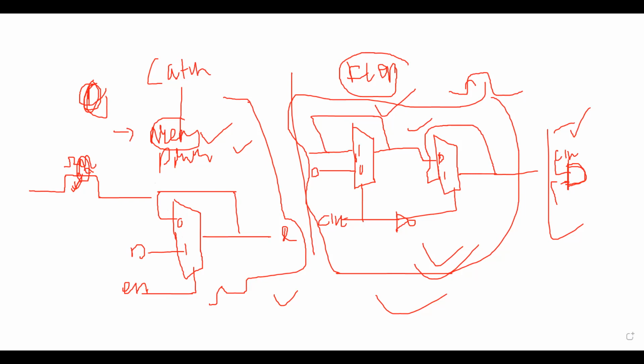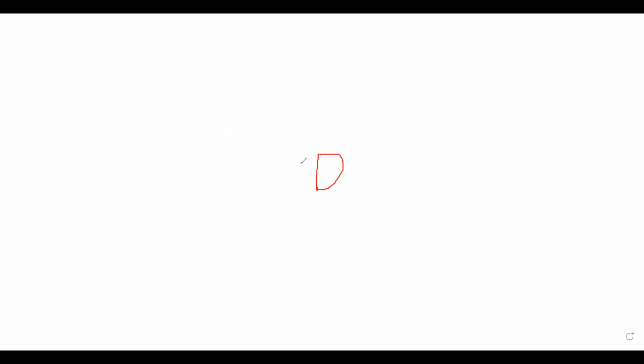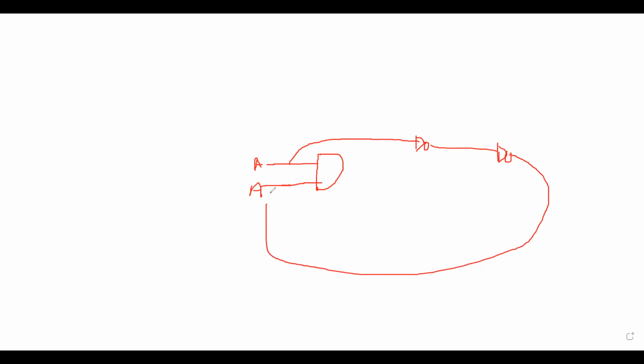Let's suppose this is A, and there is another A, but this A comes through a buffer and then another buffer. So my A was this, and this A would be a little shifted A, correct? And we are ANDing them.